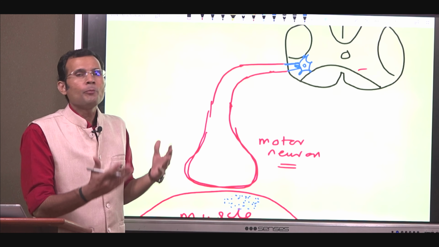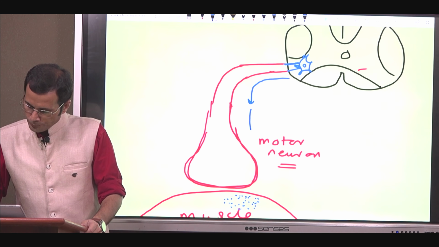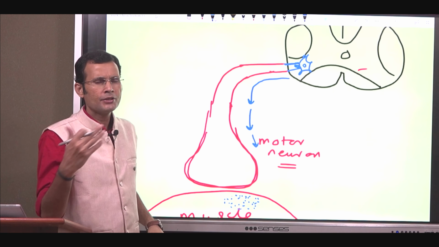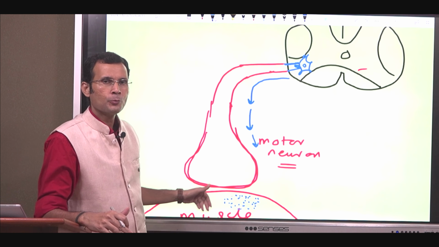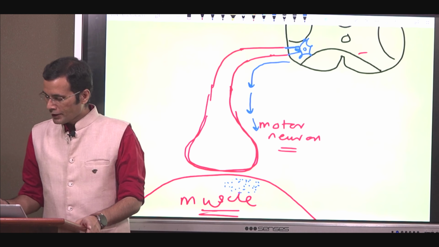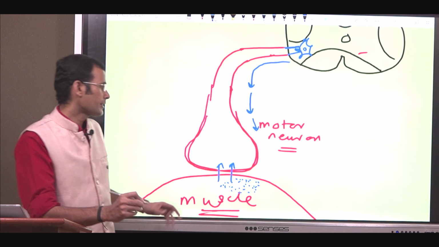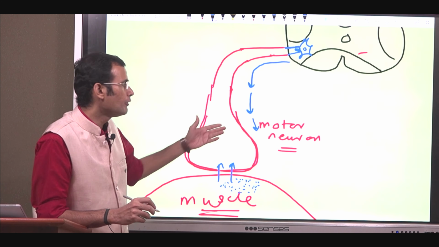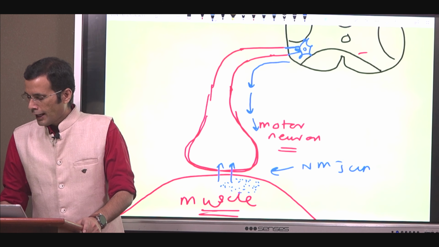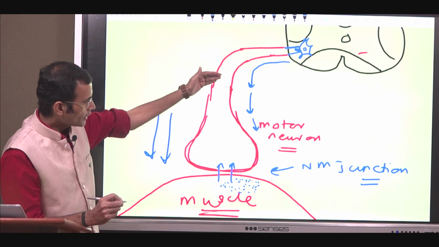Normally, impulse would be carried like this from the spinal cord. So this is the direction, a normal anterograde direction, either impulse or the axoplasmic transport away from the nerve cell body. But in this case, what is going to happen is this toxin, the bacillus or the toxin, is going to go in the reverse. Look, this is a neuromuscular junction, and impulse is expected to travel like this from the nerve to the muscle.